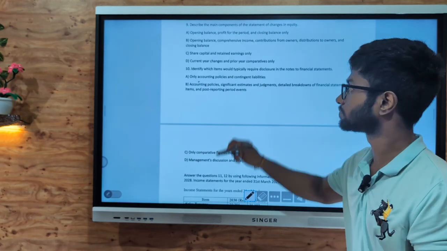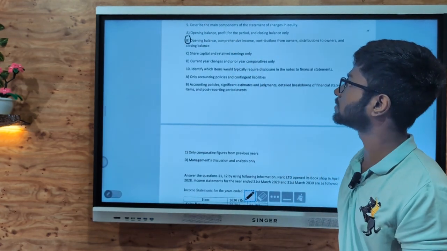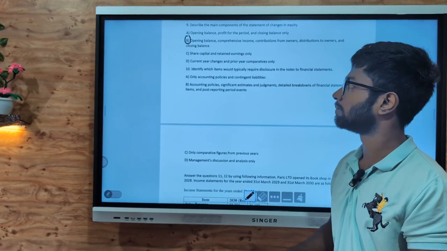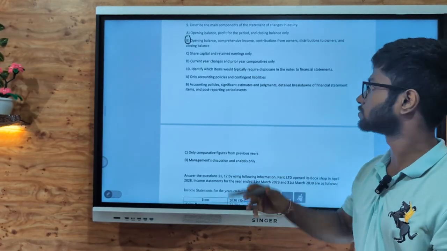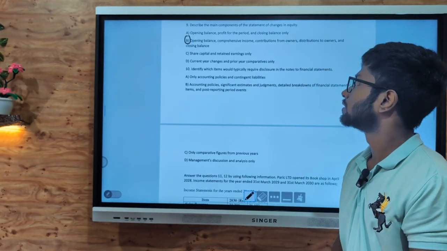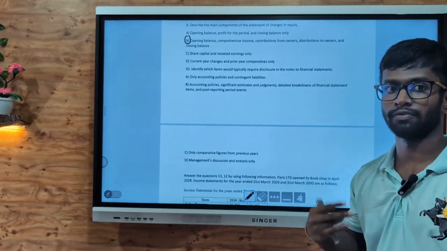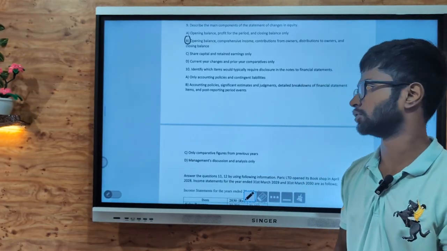That is so. Share capital can come, but there could be revaluation reserves also that should be added here. Current year changes and prior year comparatives only? No. If there are any other revaluation reserves, you include those also.